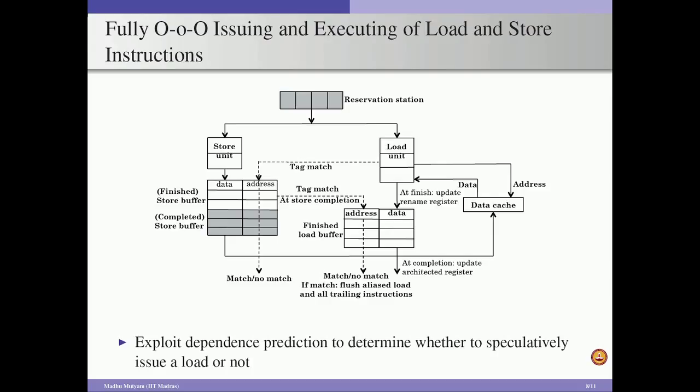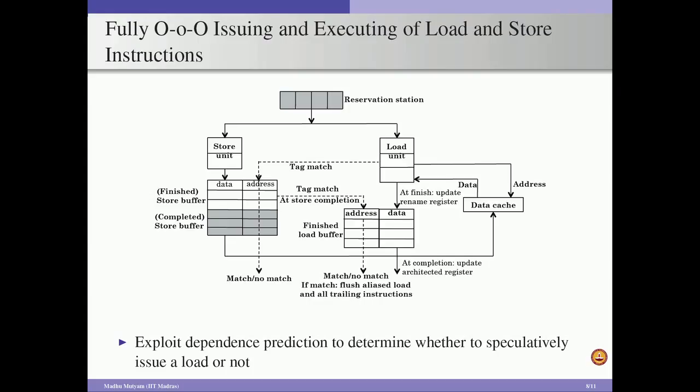In order to execute trailing load instructions ahead of the store instructions, and also minimize the penalty associated with flushing the load instruction and subsequent dependent instructions, we have to use some data dependence prediction mechanisms to see whether our load instruction is independent of the previous store instructions, and whether we can execute the trailing load instructions speculatively ahead of the previous store instructions.